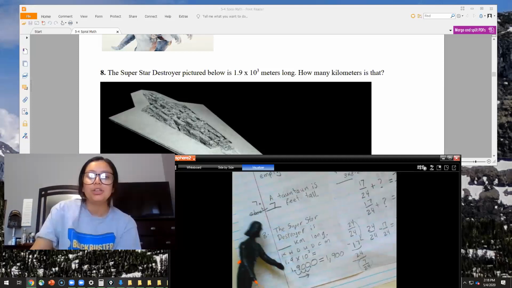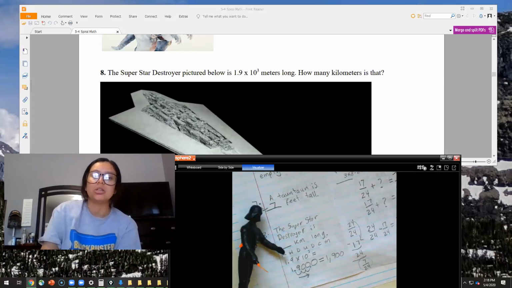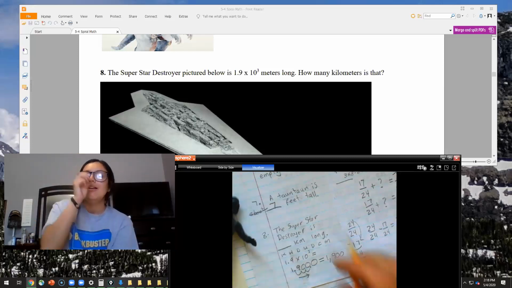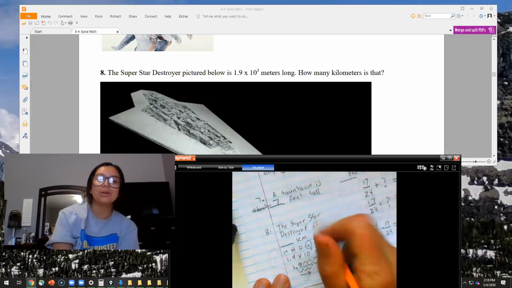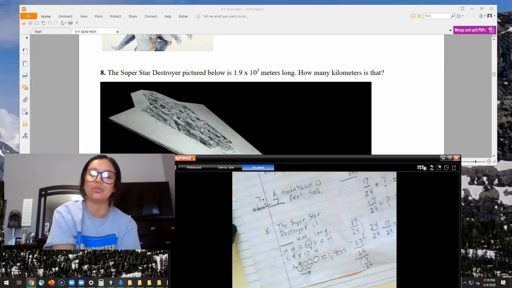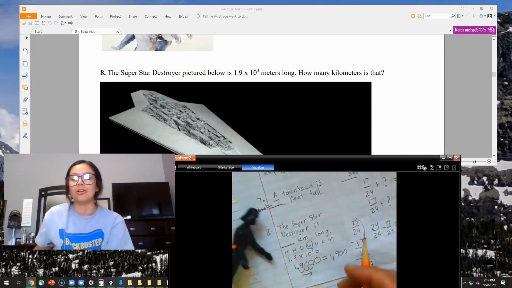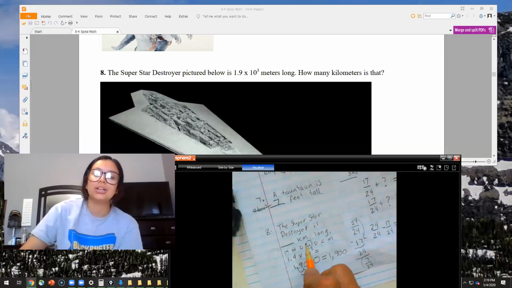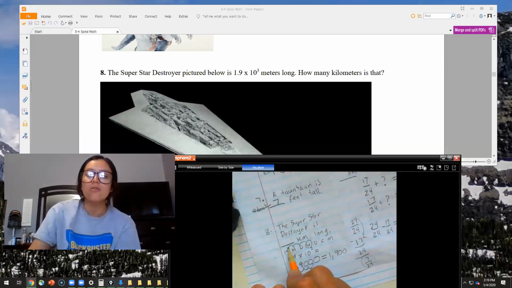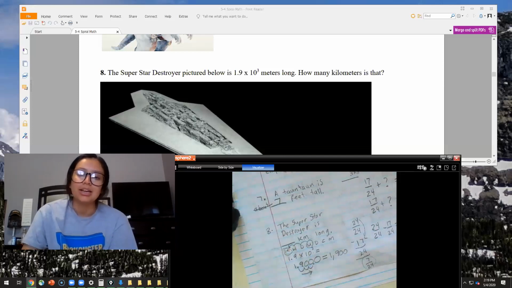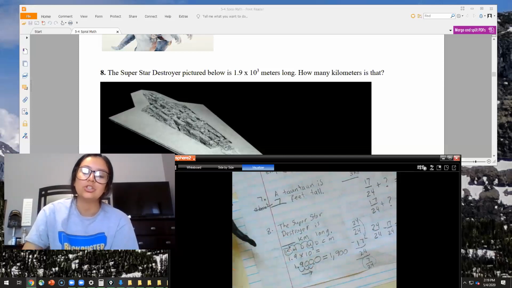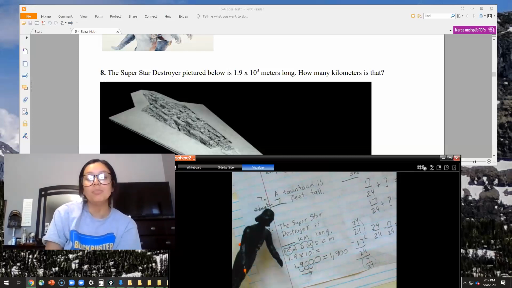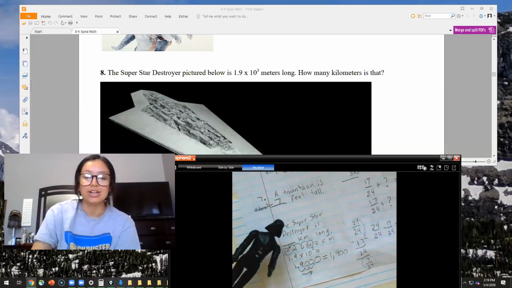We are going from meters, which is our U, because that's our unit of measurement, and we are moving it to our K, all the way at the far left. Let's count how many jumps it takes to get to our K. It takes 1, 2, and 3. And remember, whichever direction you hop is the same direction you move your decimal.